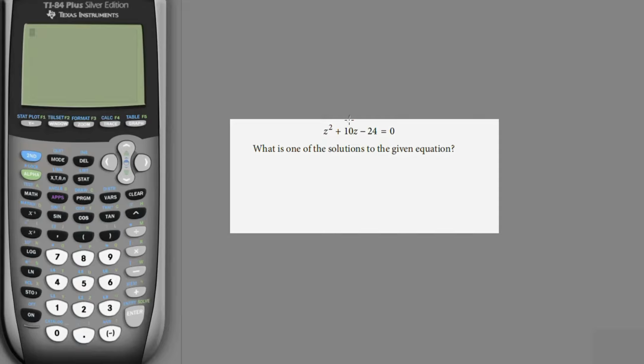So we have, I'm going to replace this z square with x, which is what we are familiar with. So this is x square plus 10x minus 24 equals 0, right? To factorize this, you ask yourself, what are two numbers that when you multiply them you get negative 24, and when you add them you get 10?